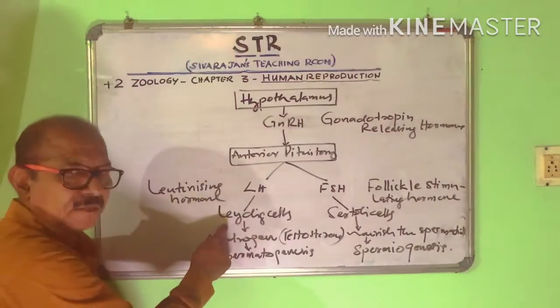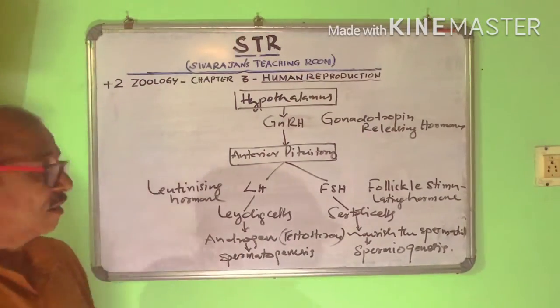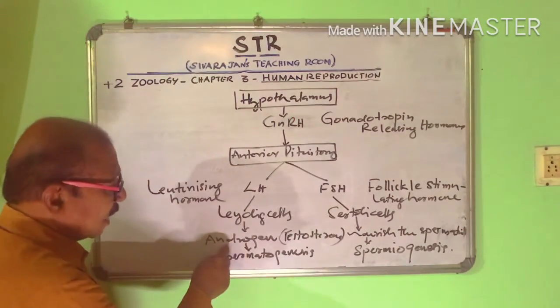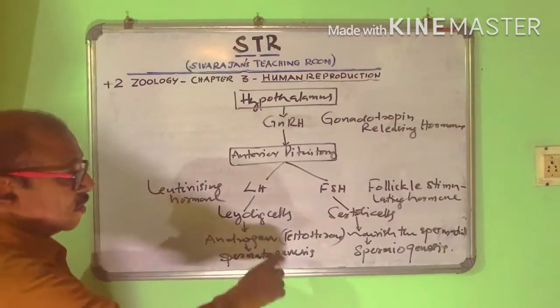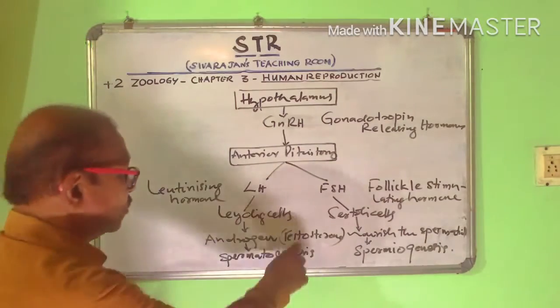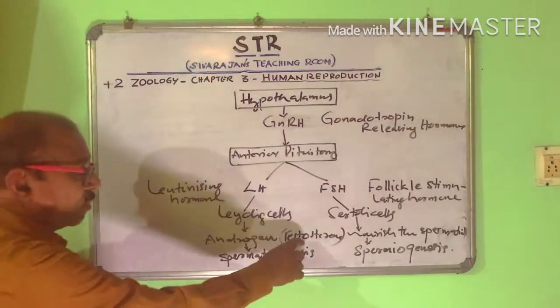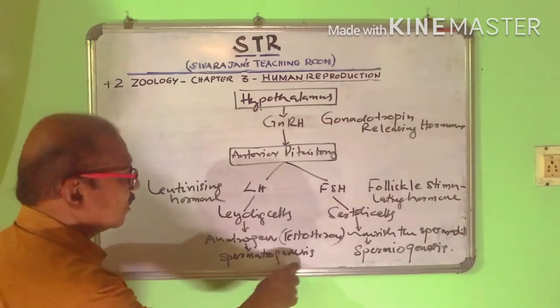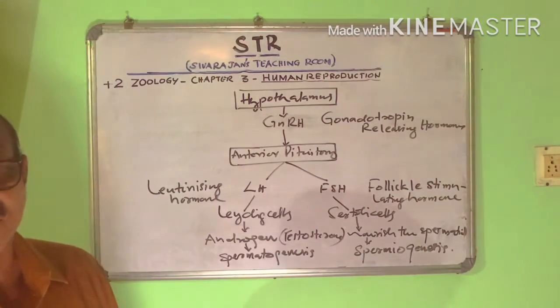LH is the luteinizing hormone and FSH is the follicle stimulating hormone. LH works on the Leydig cells, and the Leydig cells release androgens. Androgens means the male sex hormone, that is testosterone. The presence of testosterone induces spermatogenesis, that is, the formation of sperms.